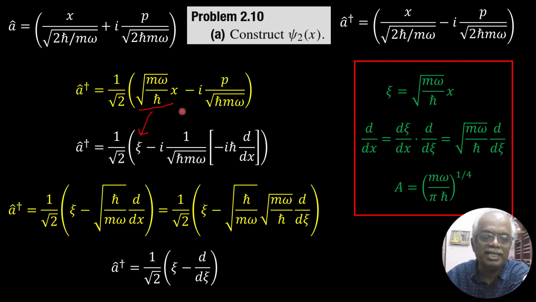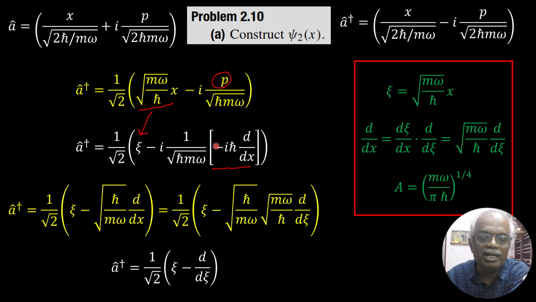Then in this factor you replace p by its operator. The momentum operator is minus iħ d/dx. Now this minus minus will become plus, and i squared will become minus. So that minus I have introduced here.